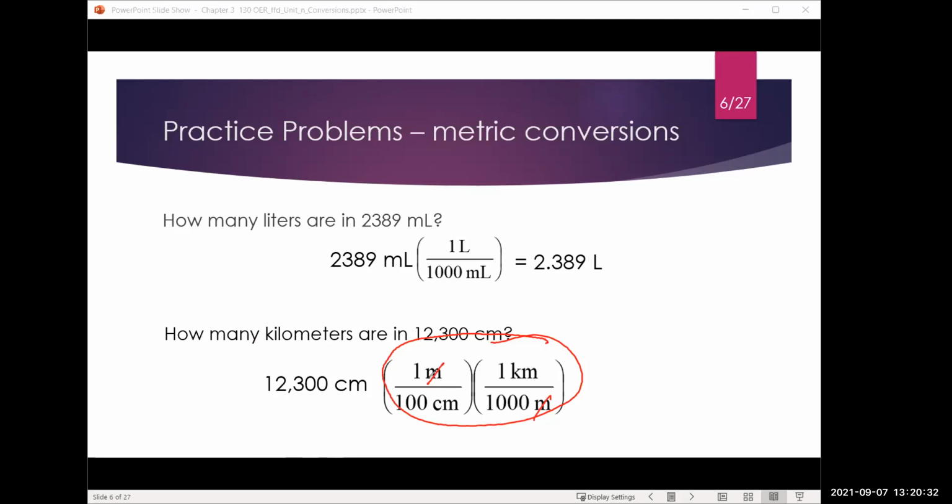Every conversion factor I gave you in the metric, I can combine to make one conversion factor, whichever factor I need, because you can see here that if I take 1,000 multiplied by 100, I have the new conversion factor where it is kilometers per centimeter. But until you're comfortable with that, keep them separate as far as the conversion factors. So then we end up with 0.123 kilometers.